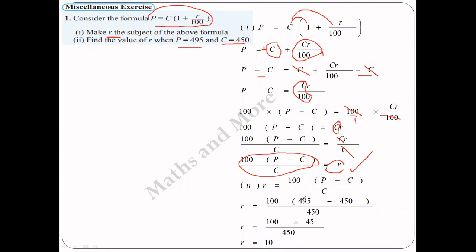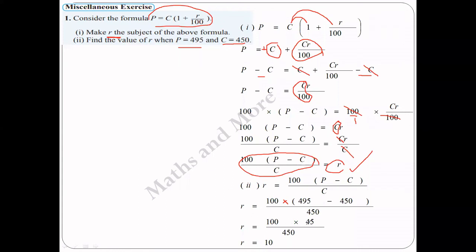Now subtract. 495 minus 450 is 45. So 100, there's a multiplication in the middle. 100 is the common factor of this bracket, so 100 into 45, over denominator 450.